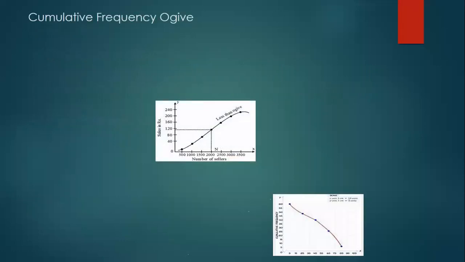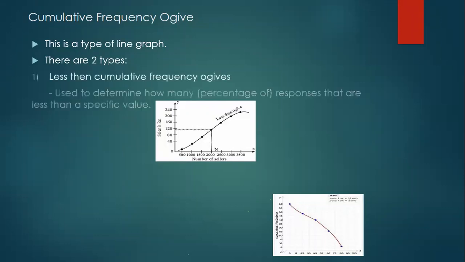We also have the cumulative frequency ogive. So this is a type of line graph. There are two types. We have the less than cumulative frequency. It's used to determine what percentage of responses are less than a specific value.